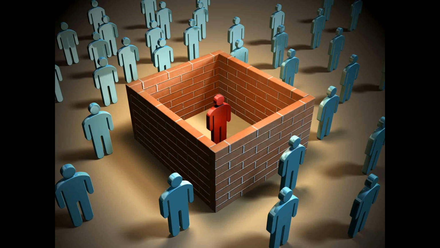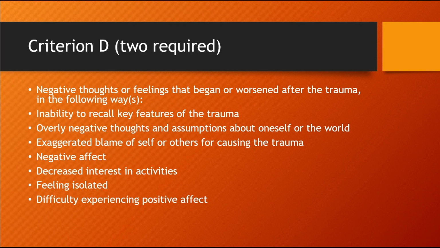In order to fulfill criteria C, only one avoidance symptom needs to be present. For criteria D, this refers to symptoms including negative cognitions or mood, and reflects persistent alterations in beliefs or mood that have developed after exposure to the traumatic event.